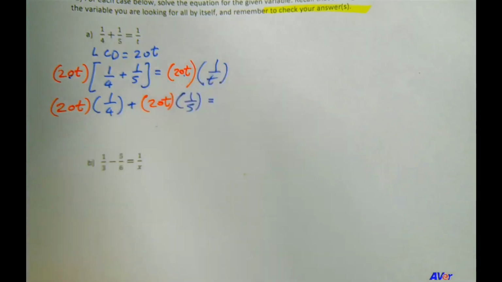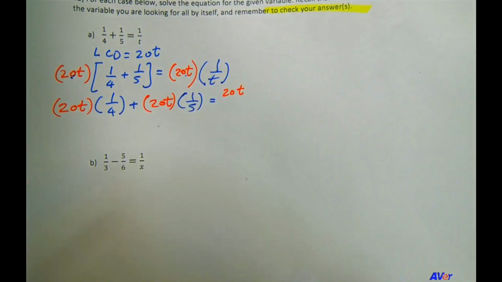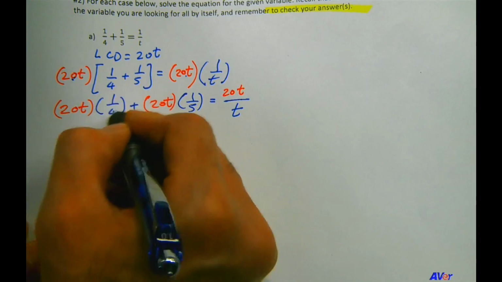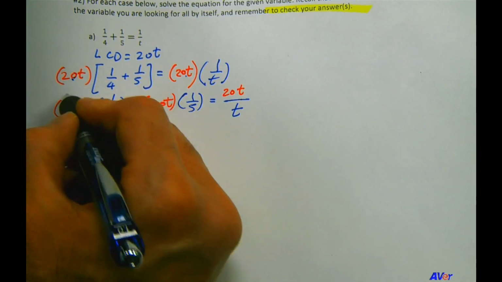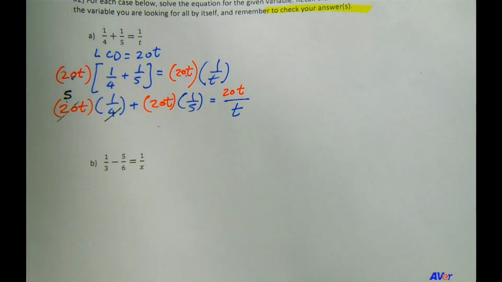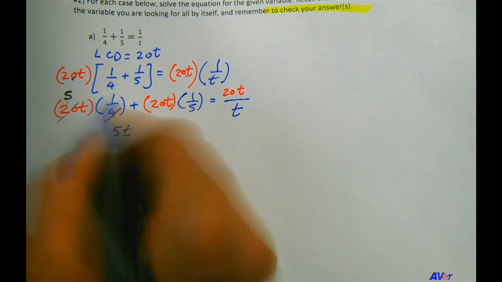So 20t times 1 over t is 20t divided by t. Okay? Now let's simplify. So 4 is a factor of 20, right? So it goes away, and with 20 we end up with 5. So 5t.